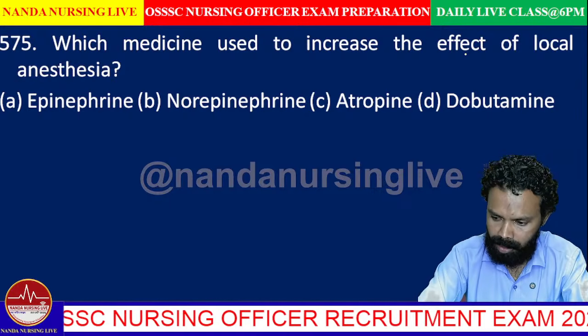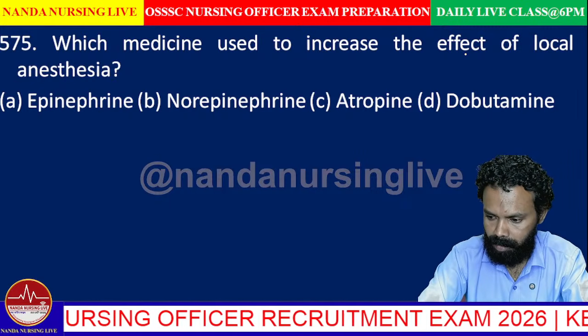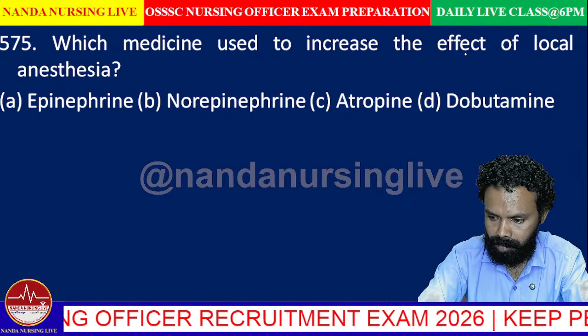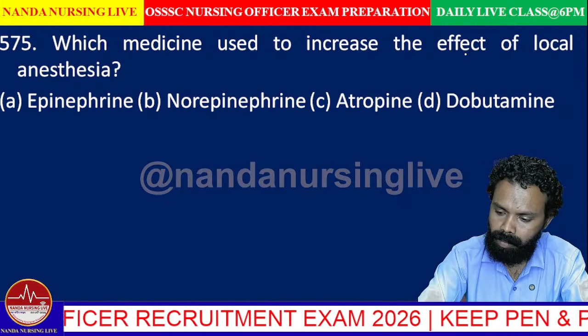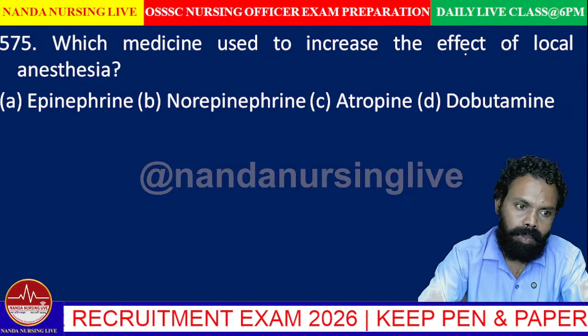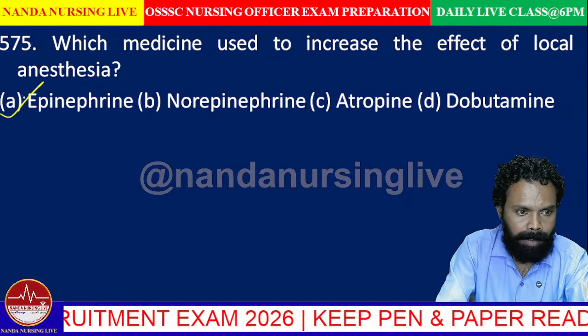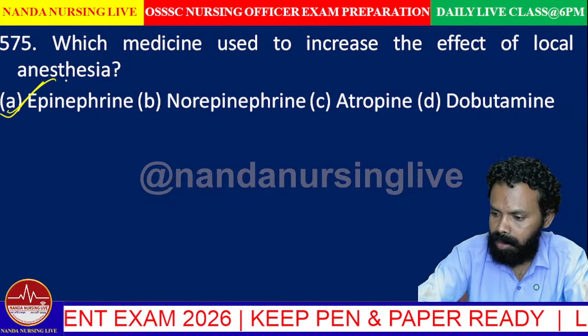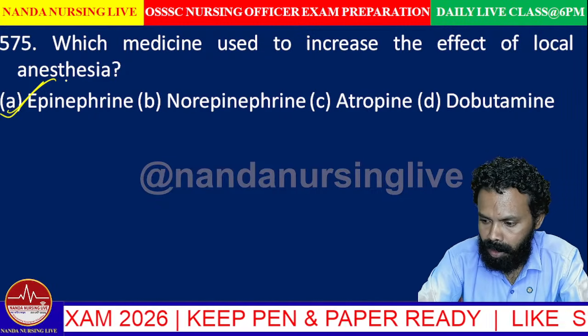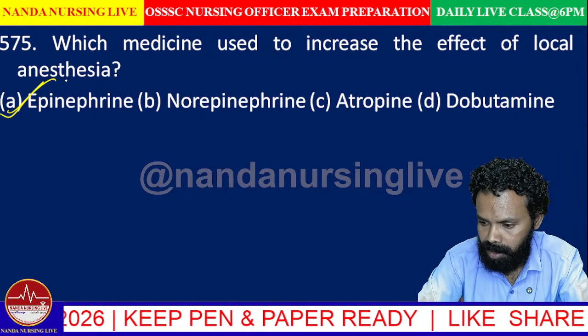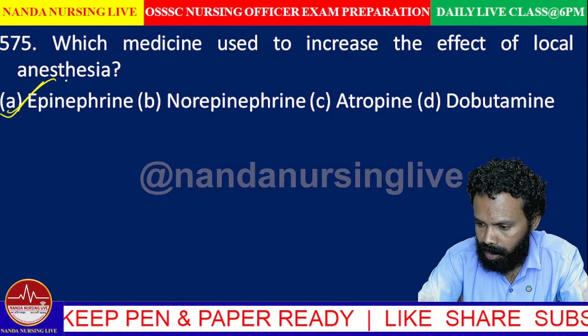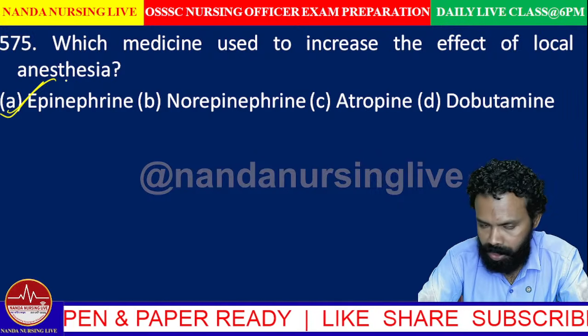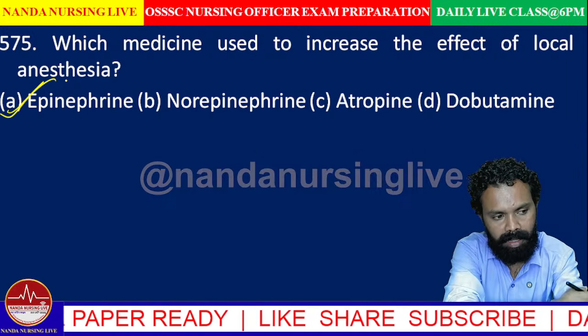The correct answer is option A, epinephrine. Epinephrine is used with local anesthesia to increase effectiveness, prolong duration and reduce bleeding at the injection site, right? So epinephrine is the correct answer.